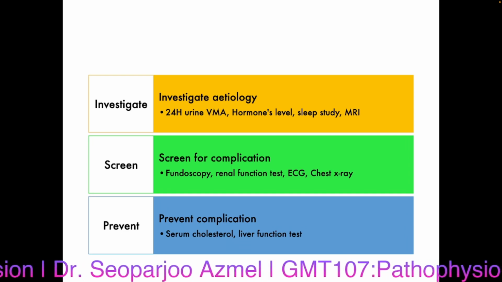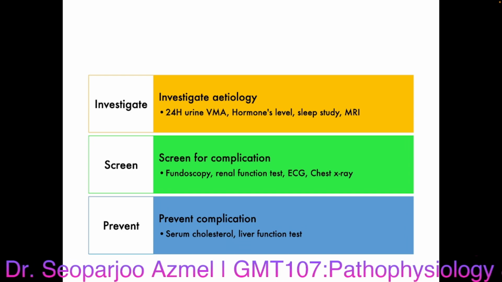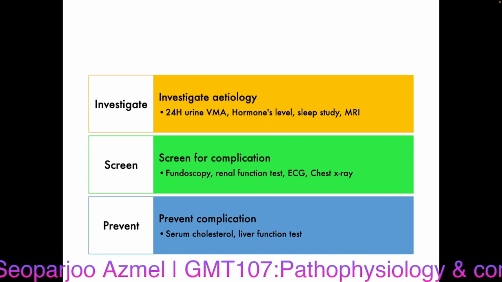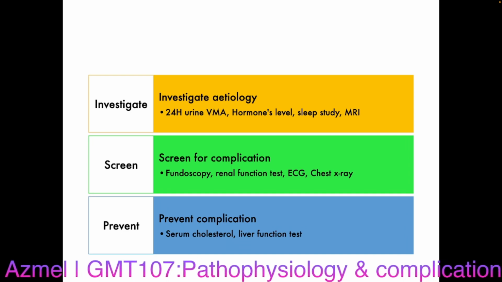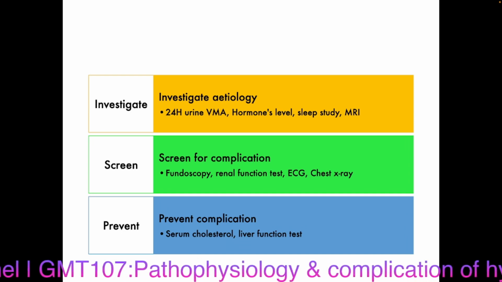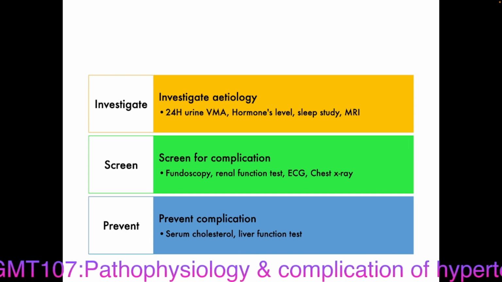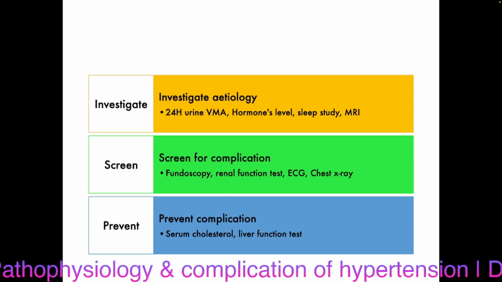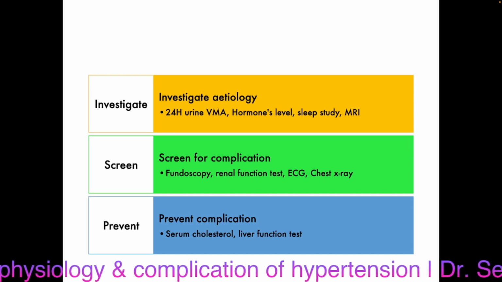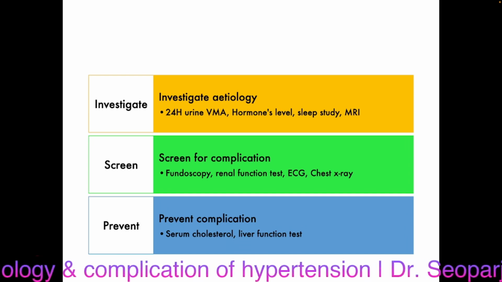If the patient has hyperthyroidism, of course the blood pressure will be increased. Sleep study is to identify if the patient has sleep apnea or not. And the last one is the MRI, just to see any brain lesions or lesions in the abdomen that can cause hypertension to occur.